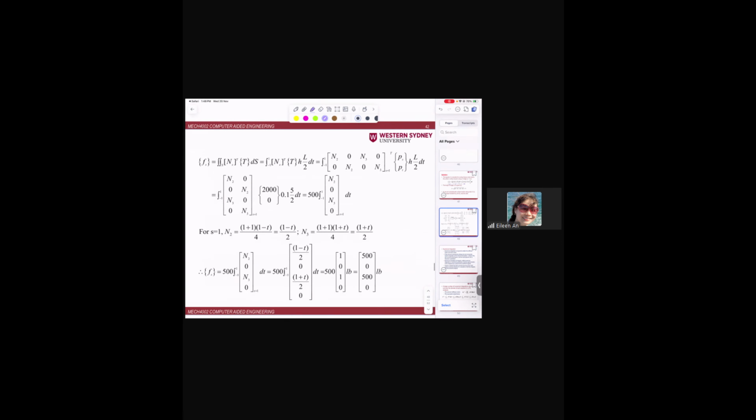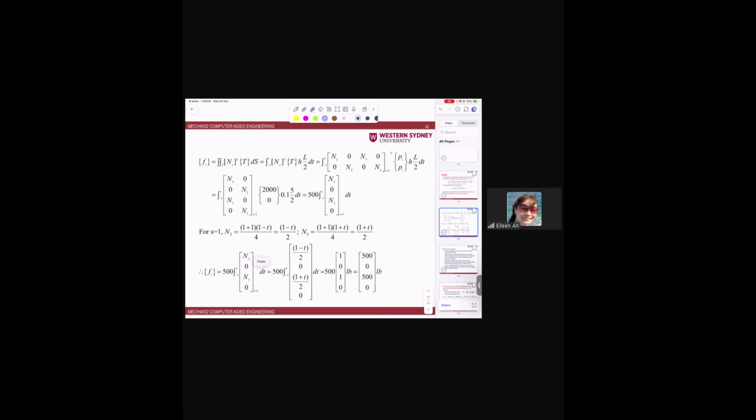Okay, in the s direction, we need to use N2 and N3. But if you write down the shape function matrix, make sure this is the correct one. We use N2 and N3 only, but the shape function matrix includes more items. The first row is N2, then 0, N3, then 0.